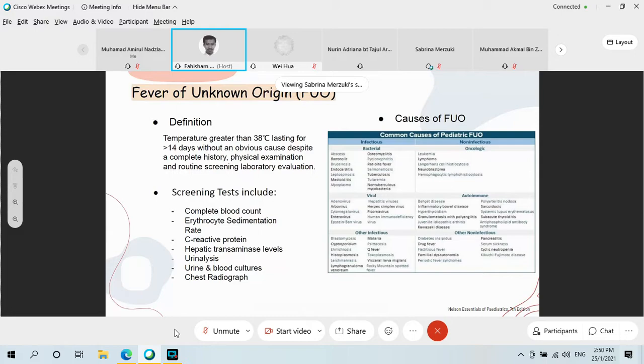So I think with all this history, the simple things are, you're going to look for viral causes. Another simple one, you're going to look for the causes of bacteria. But if you can't find it, especially in people of unknown origin, then you need to explore more. What about the traveling history? What about the contact? Is there any exotic animals or not?